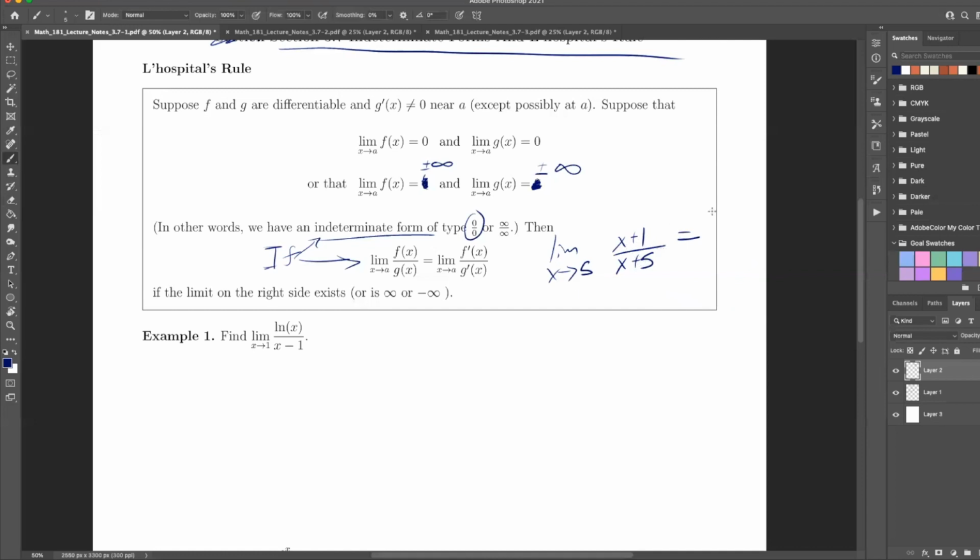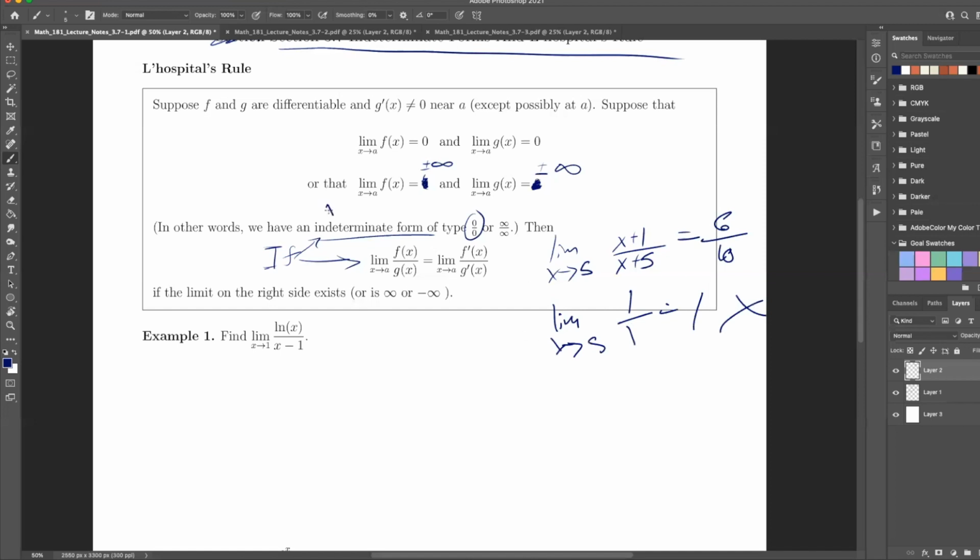I can just plug it in, and so this is 6 over 10. But if I applied L'Hopital's rule, taking the derivative, I would just get 1 over 1, so the limit equals 1. And notice this is incorrect.